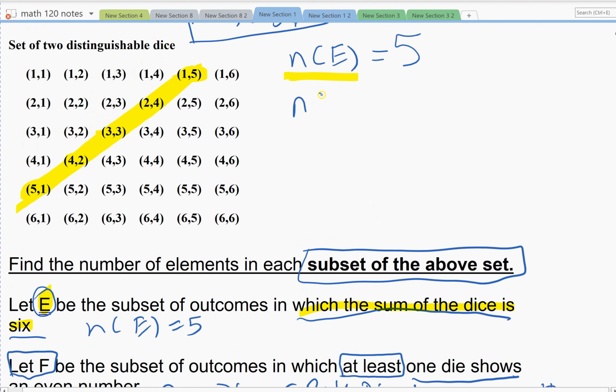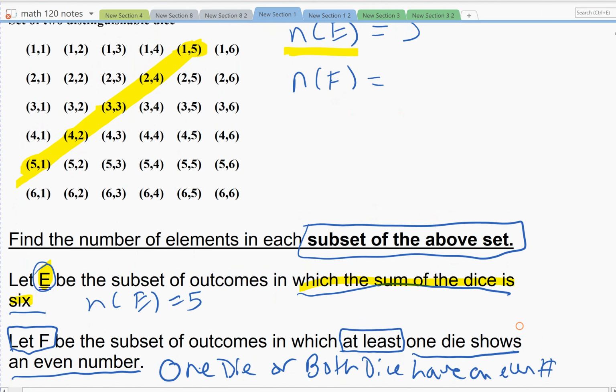So the number in set F is what we're looking for. And this is one of those cases where it's easier to find the complement. So I'm going to write what the complement is up here, not F. Not F would mean the opposite of getting at least one even number. Well, that would be no even numbers, or a better way to word that is both numbers are odd.